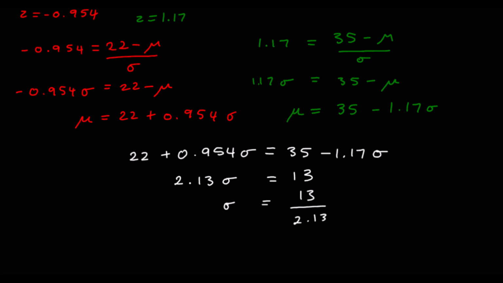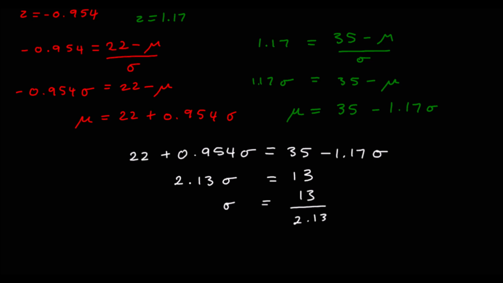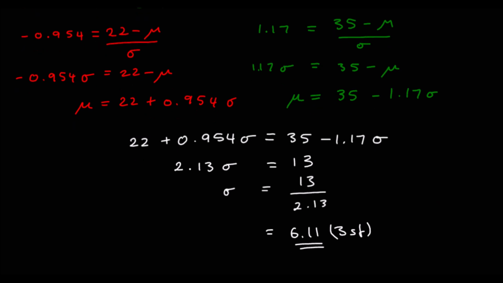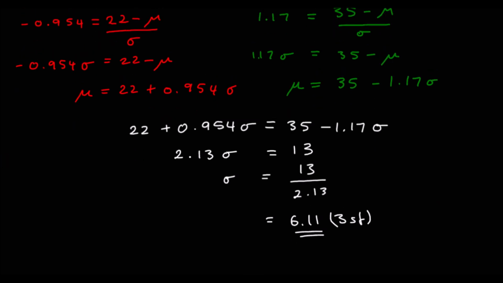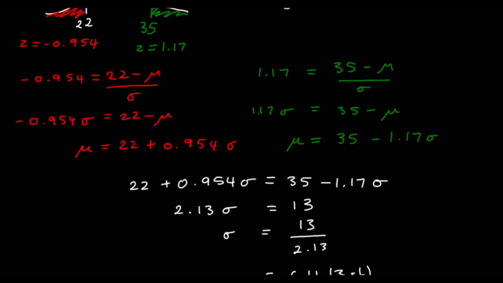So standard deviation is 13 over 2.13. Again, I'll use the calculator. So that's 13 over answer, which is 6.11 to 3 significant figures. Okay, so there's my standard deviation. I'm going to substitute it in to find the mean.